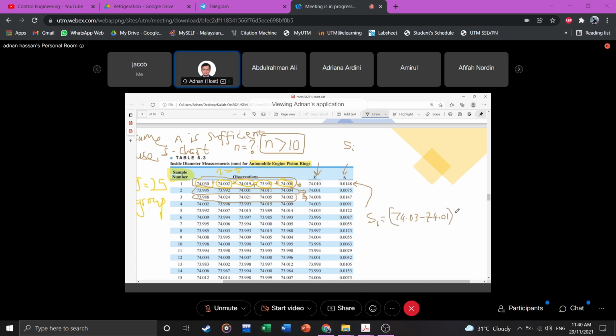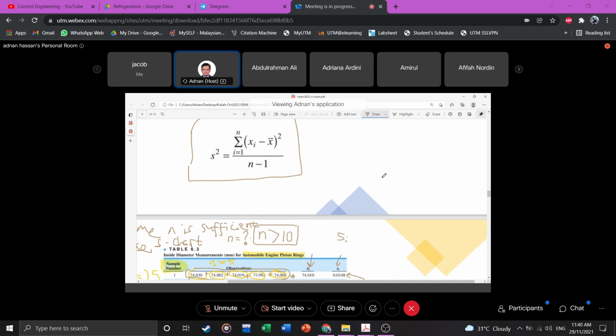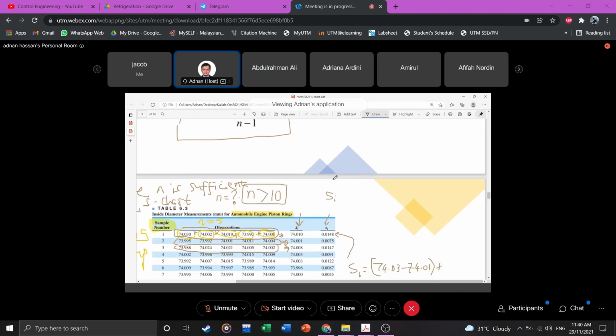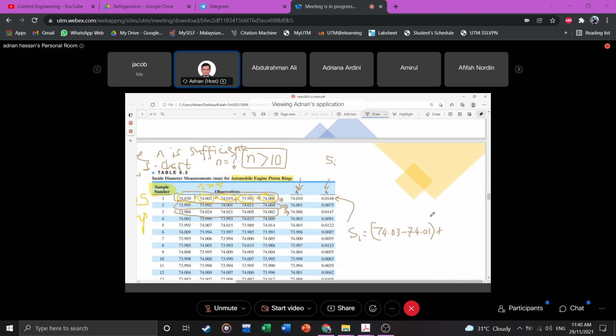And then we continue using this formula, the summation of that. Don't forget to square it here. So the next number is 74.002 minus 74.01.